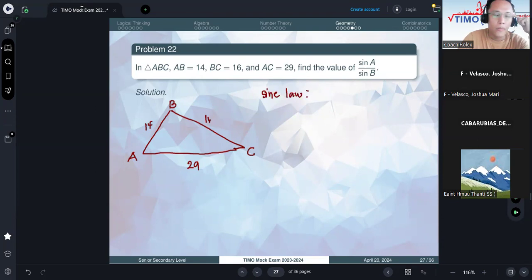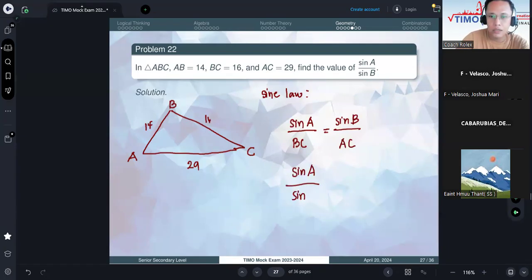For the sine law, the sine of A over sine A, the opposite is BC. This is equal to sine B, and the opposite is AC. So cross multiply or rearrange, sine A over sine B is equal to BC over AC. And BC is given to be 16 and AC is given to be 29. So of course that is 16 over 29. And that is very easy.